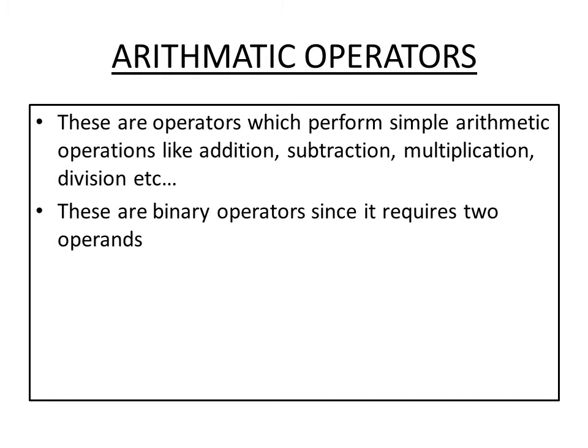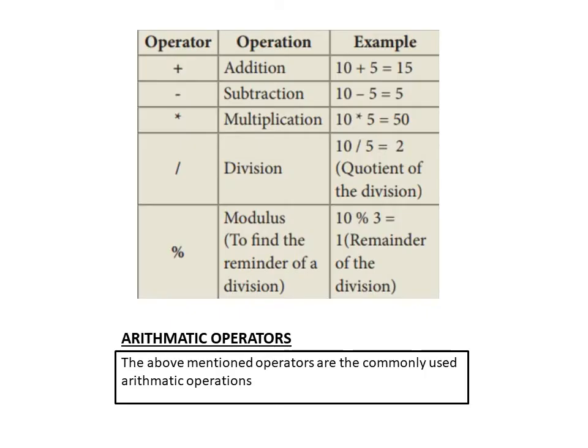Here we use the usual calculations that we use in our day, like addition, multiplication, subtractions. They are represented as arithmetic operators, and since they use two operands, they are binary operators. The above mentioned operators are the commonly used arithmetic operations: addition, subtraction, multiplication, division.